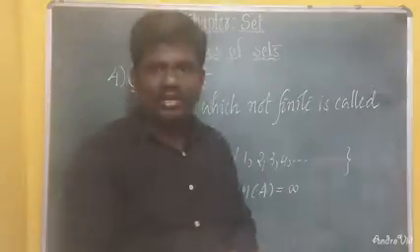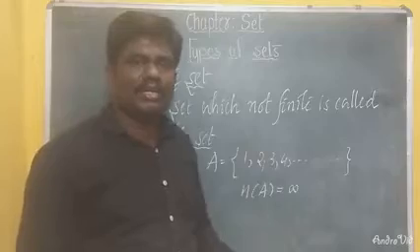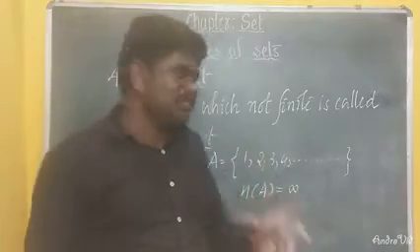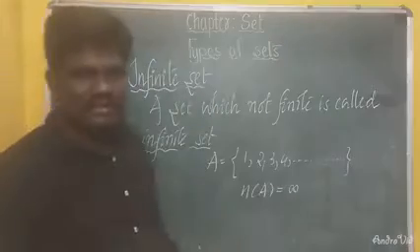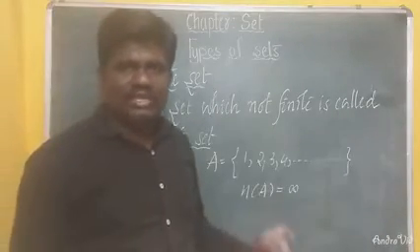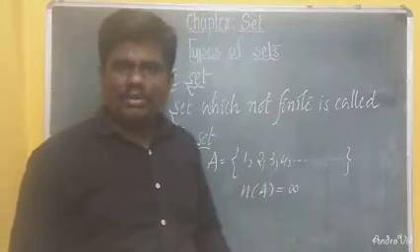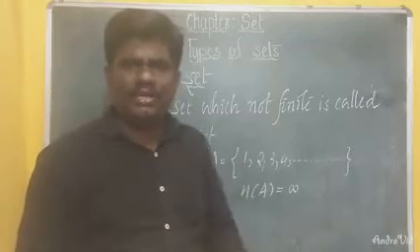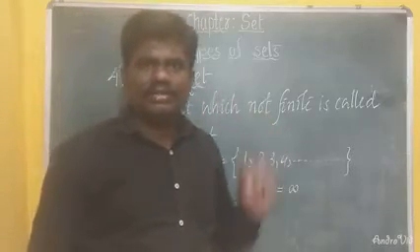Or in other words, if any set's cardinality, or the size of that set, is infinity, then we can call it an infinite set. If the cardinal number of any set is infinity, then we can call that type of set an infinite set.